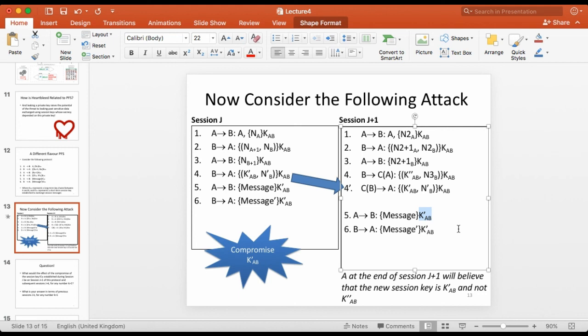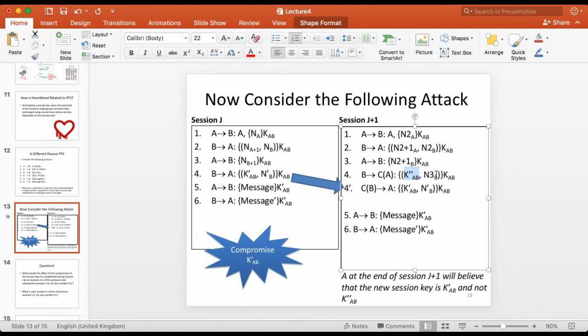So the effect of this replacement of messages is that both Alice and Bob will end up using the same old key K prime AB instead of the newer session key or newer long-term key that has been proposed in the second session, which should have been K double prime AB.